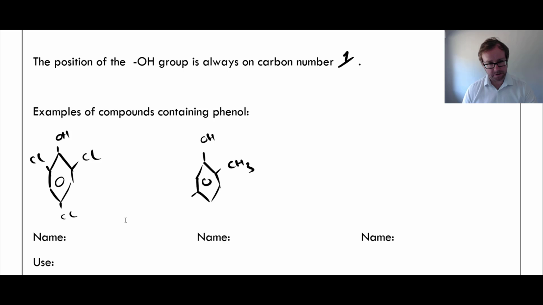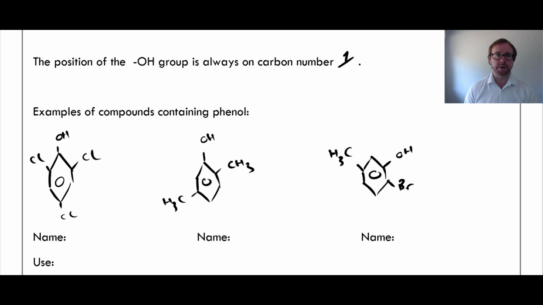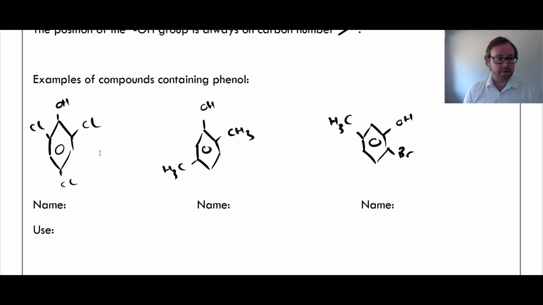Phenol with 2 methyl groups attached, and lastly, let's do it in a different position. And finally this one. I'd like you to have a go at naming these. I'll give you a couple of minutes, then we'll go through the answers.